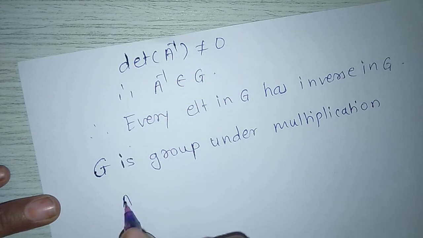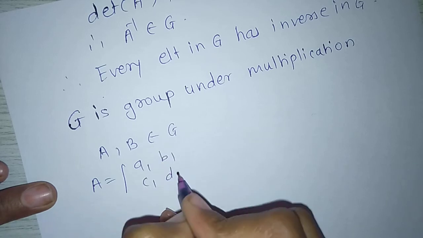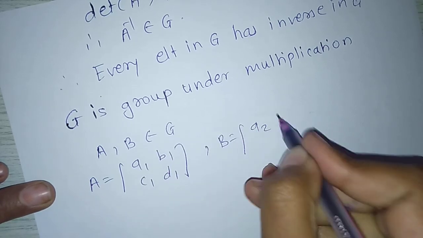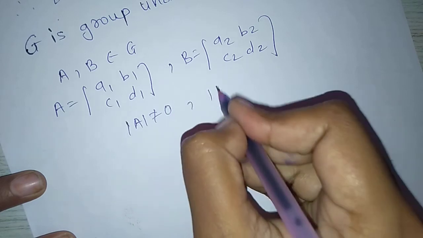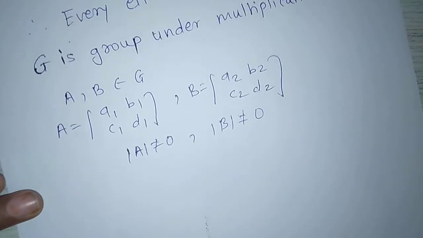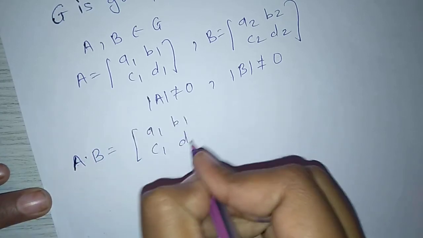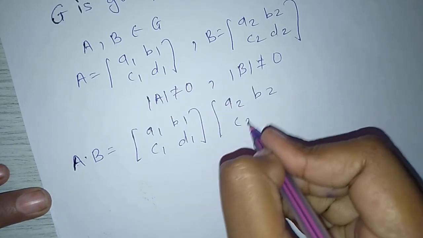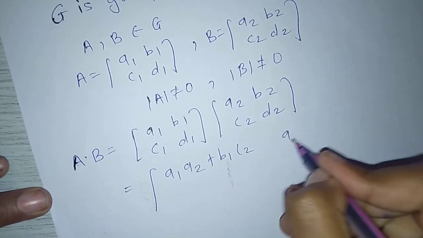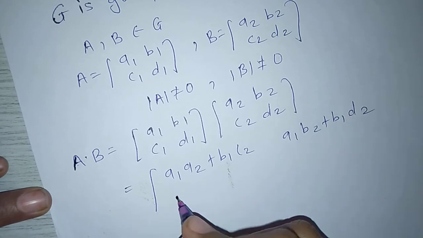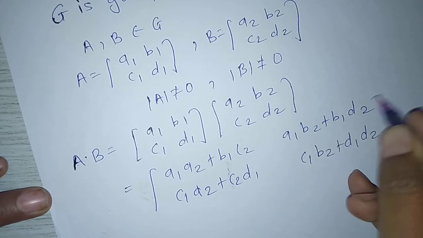Now take two matrices of G. A, B belong to G, therefore A = [a1 b1; c1 d1], B = [a2 b2; c2 d2], and determinant of A is not equal to 0, determinant of B is not equal to 0 because A, B belong to G. A into B = [a1 b1; c1 d1] into [a2 b2; c2 d2]. We get [a1a2 + b1c2, a1b2 + b1d2; c1a2 + c2d1, c1b2 + d1d2].